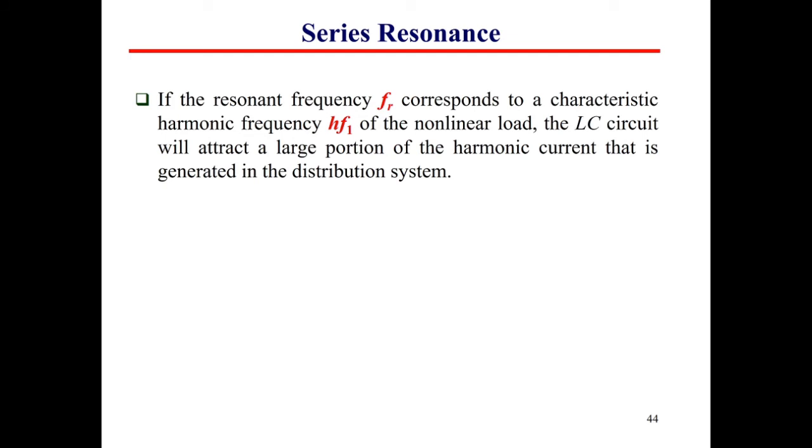Now if the resonance frequency F1 corresponds to a characteristic harmonic of the nonlinear load, the LC circuit will attract a large portion of the harmonic current that is generated in the distribution system.